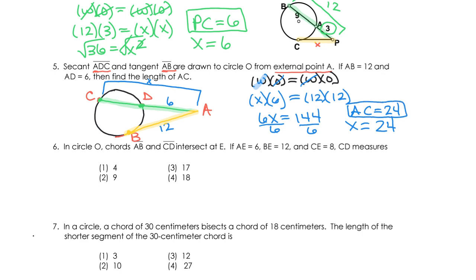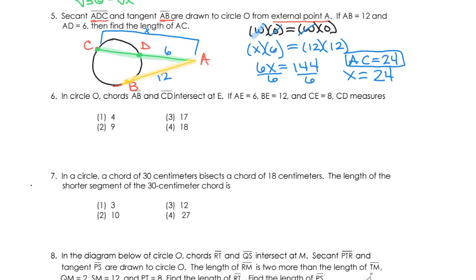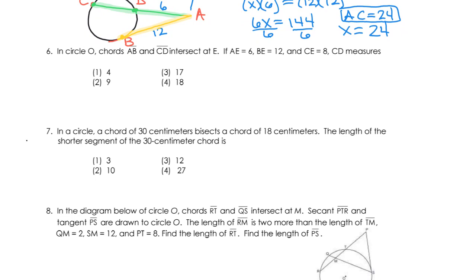Okay, guys. Number 6. It says in circle O, chords AB and CD intersect at E. So we have a chord called AB. We have a chord called CD, and they intersect at E. Okay?